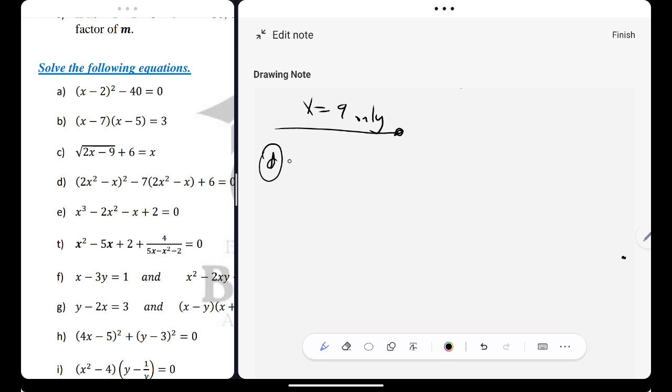For the fourth one, we have 2x squared minus x, all squared, minus 7 times 2x squared minus x, plus 6.